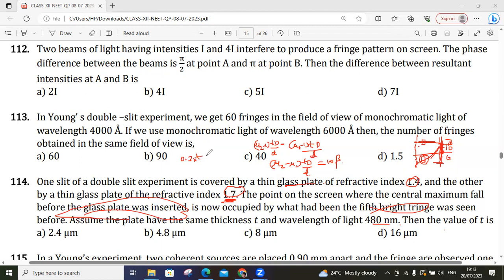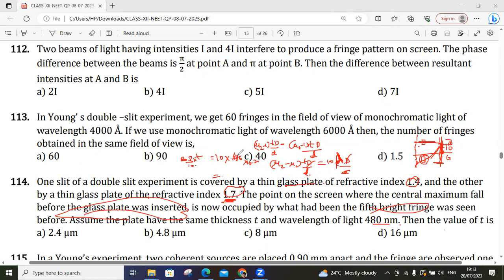We have to find T. Capital D is given. This is fringe width, so lambda D by d, and D by d cancels. We get 10 lambda here. So 10 into lambda, where lambda is 480 nanometer, that is 480 into 10 power minus 9. So what will you get? This is 0.3, that is 3 by 10.